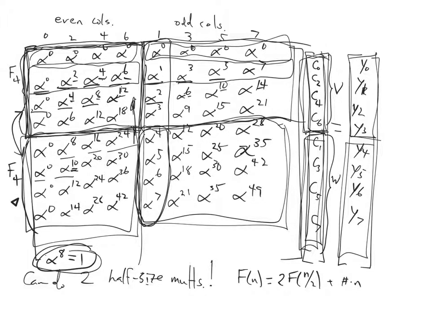So now I'm going to jump ahead. I hope I haven't screwed this up. What we're seeing is that we want F4 times V plus F4 times W, but these guys are adjusted.